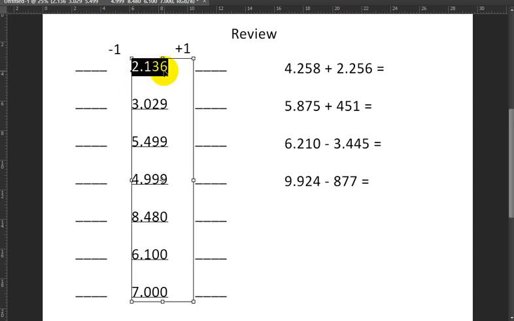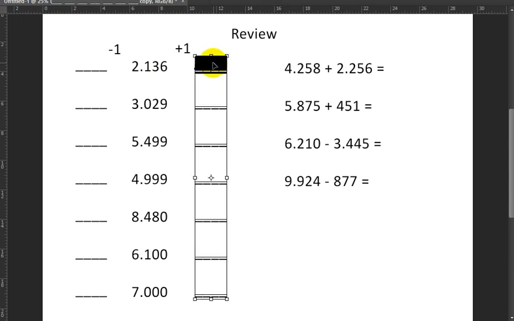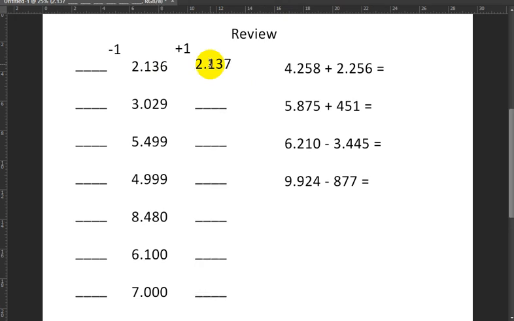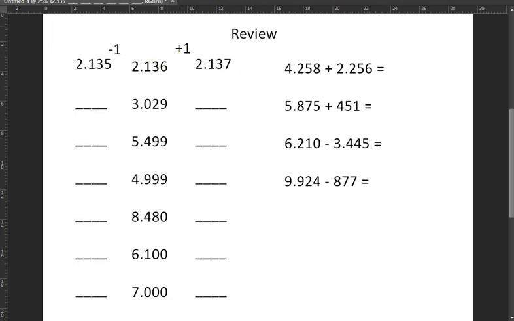So the next number is going to be 2,137. Previous number is what I get if I just decrease it by 1. So instead of 6, 5. So 2,135. Okay, simple enough.